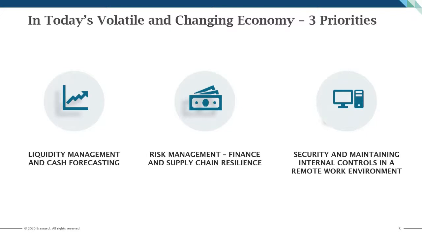They're really focused on liquidity management and forecasting. The next one is risk management. And that's all about the combination of finance and supply chain resilience. How does finance help prepare you to be nimble in today's environment and with supply chain? How do I make sure that I know where my cash is, what my cash is, and how can I make myself prepared to be able to move around quickly and easily?